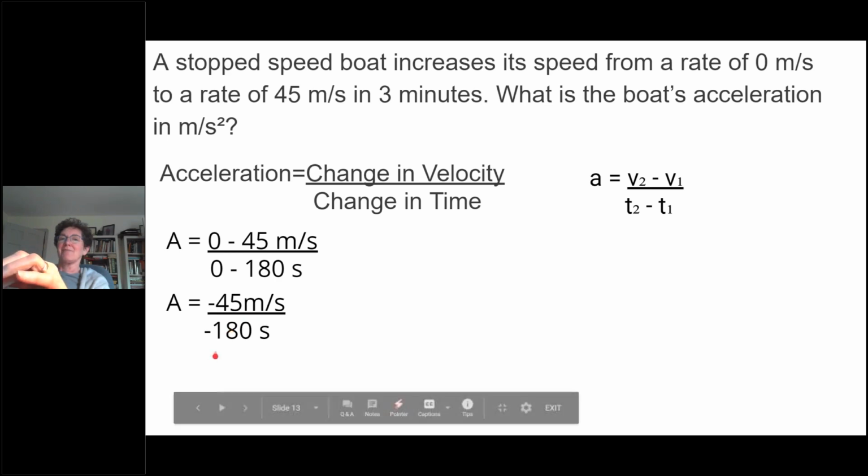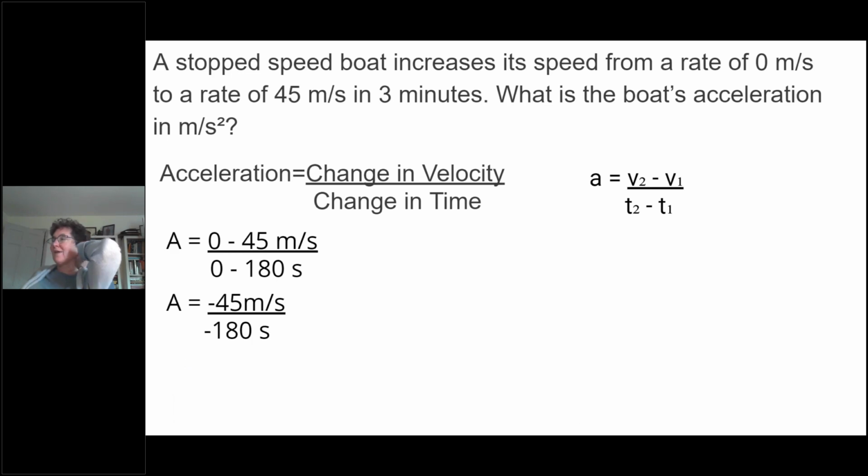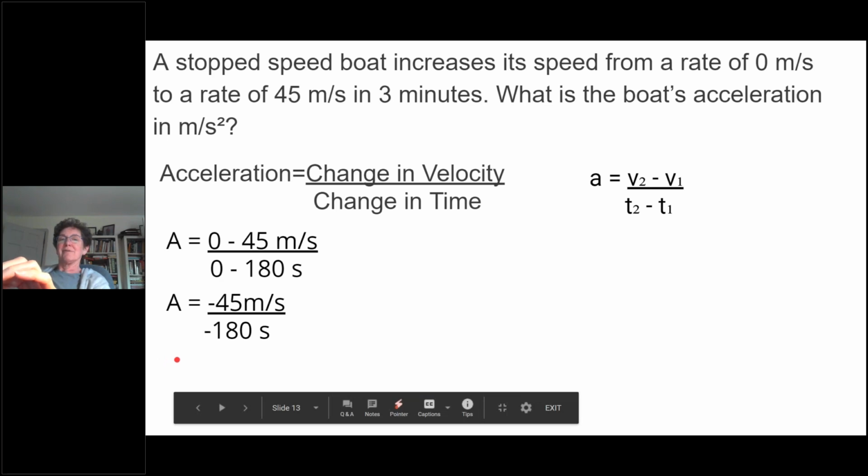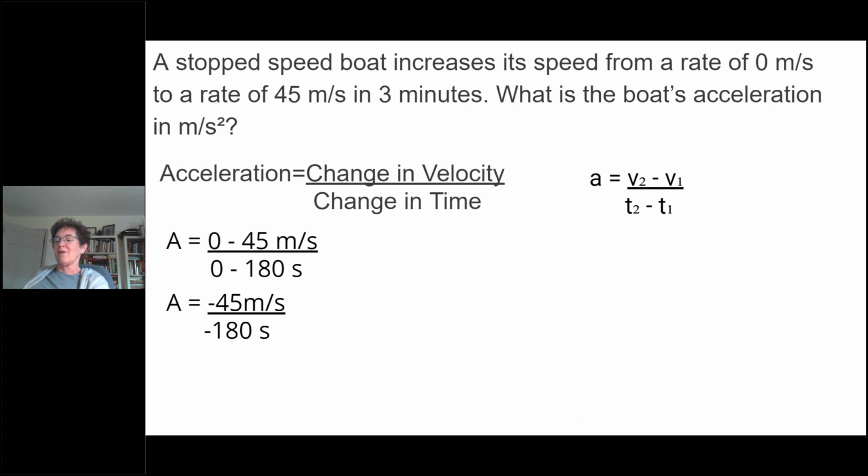And again, if that's something that does not sound familiar to you, I know that there are recorded videos that you can look at talking about adding and subtracting and multiplying and dividing positive and negative numbers. But for right now, just remember that when you divide a negative number by a negative number, the answer is a positive number.